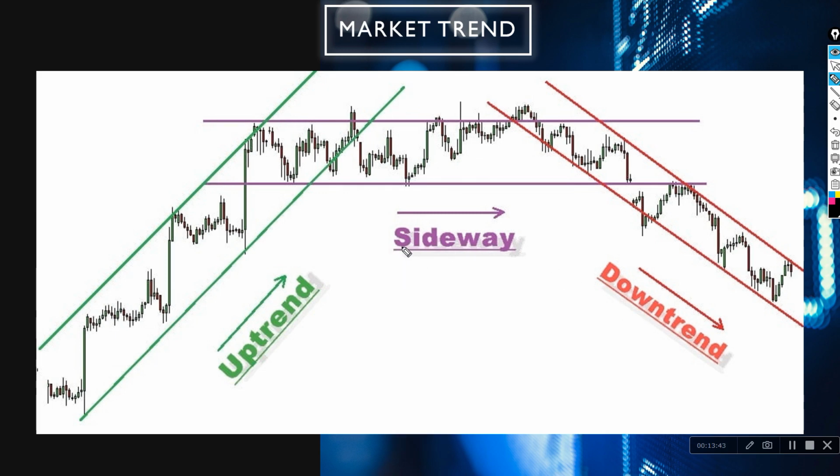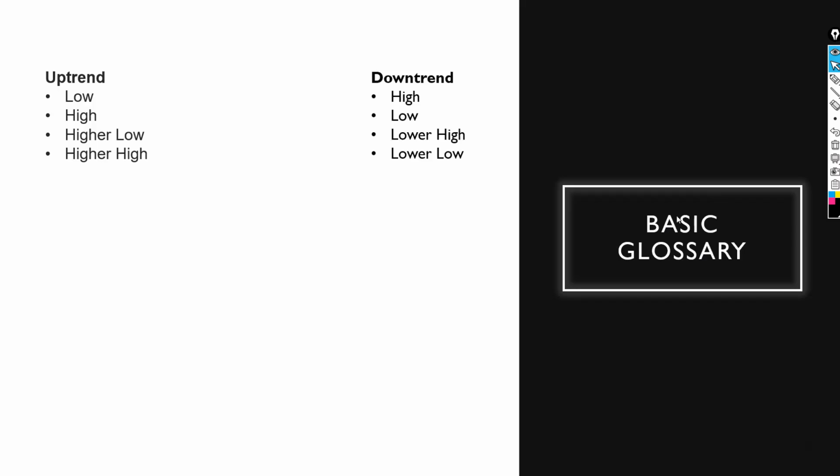All right, so now let's understand the different glossary terms that we have. Let's take a look at a few words that we usually come across. I will explain with respect to an uptrend first, and then with respect to a downtrend. First is low.